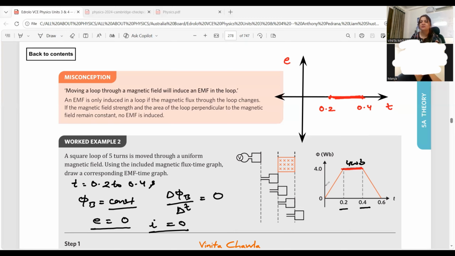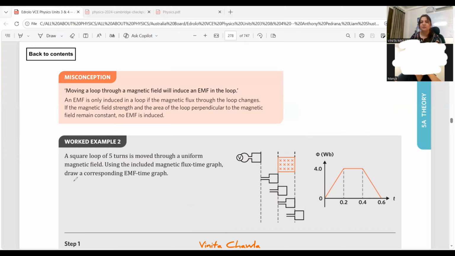And now for the next interval, from 0.4 to 0.6 second, the time interval is 0.6 minus 0.4, the third interval, 0.2 second, right? And the change in magnetic flux: what is the final magnetic flux in this case? 0, and initial is 4.